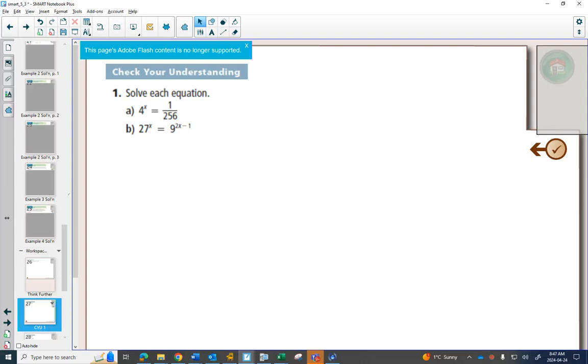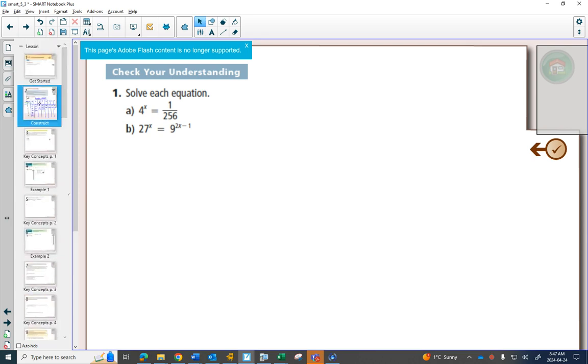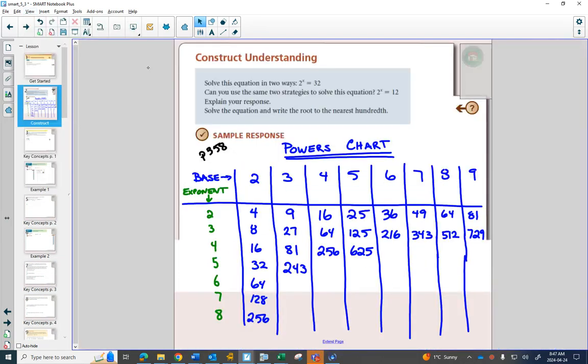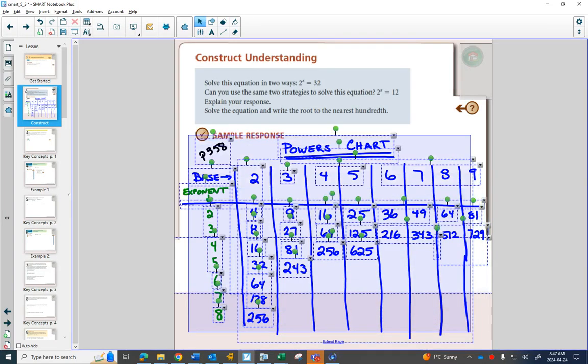So in this question, we've got 4 and we've got 256. Maybe I'll go steal my powers chart. First of all, is it all together?